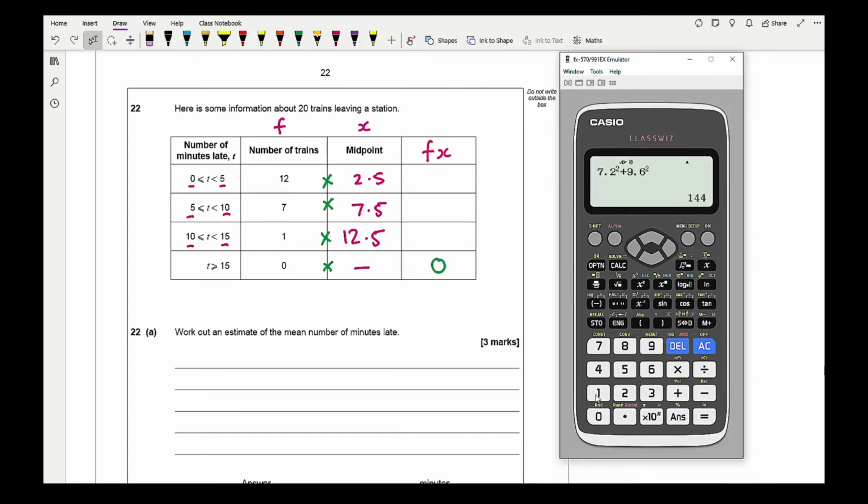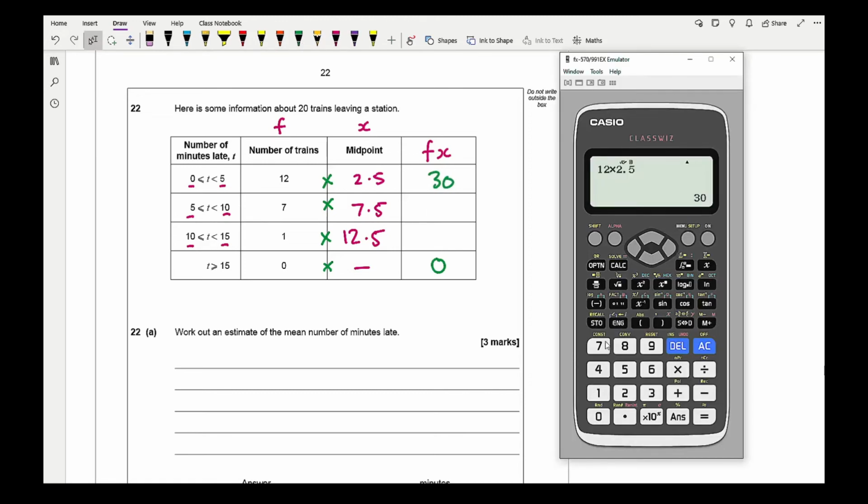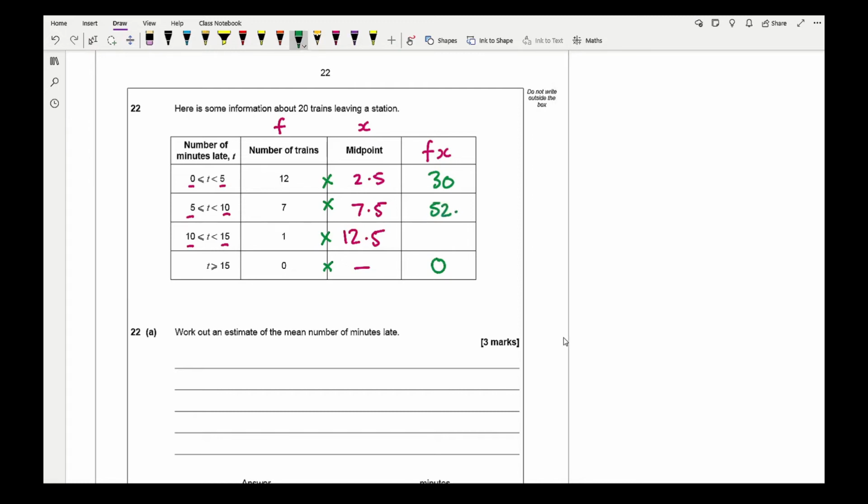So I've got 12 times 2.5, which gives me 30. Then I've got 7 times 7.5, which gives me 52.5. And then I've got 12.5.